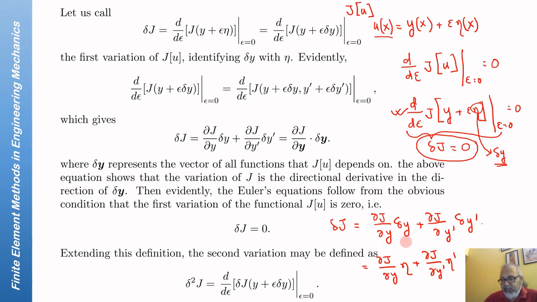This is how we had written it, and now eta is identified with delta y and eta prime with delta y prime.